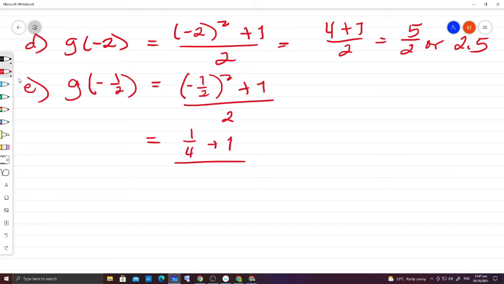Plus 1. What are we going to do? Can you convert this into a decimal number so that it will be easier? What is 1 over 4 in decimal? 0 point what? 0.25.